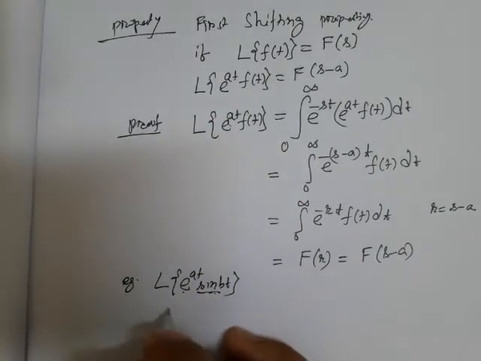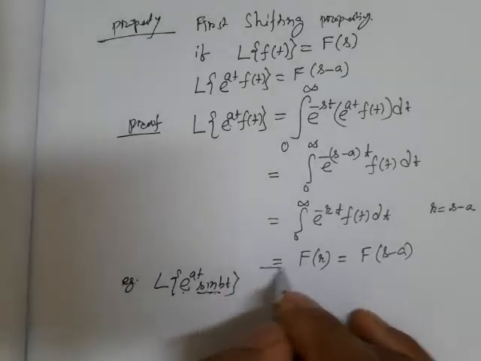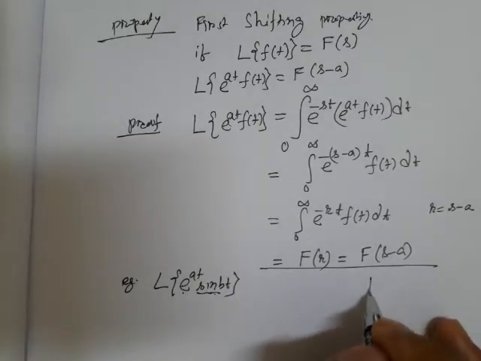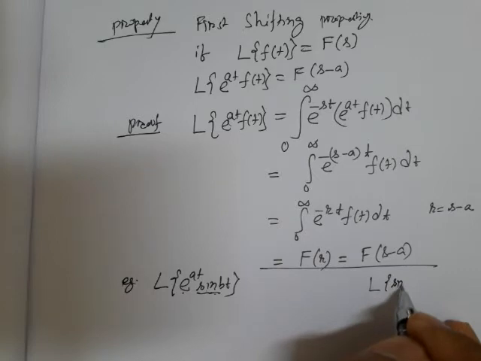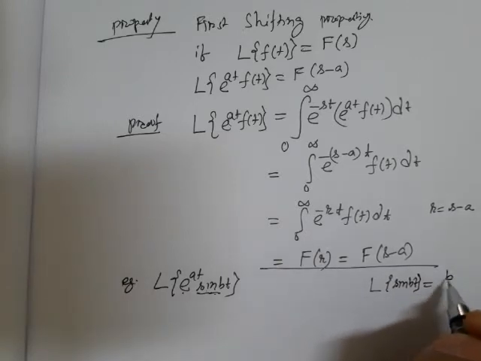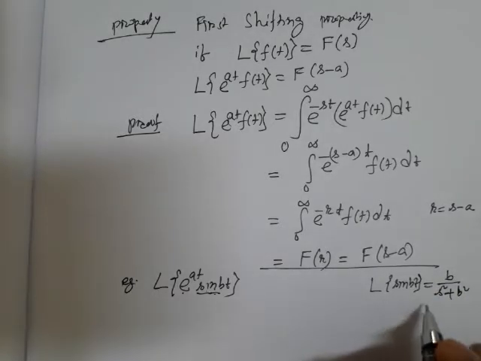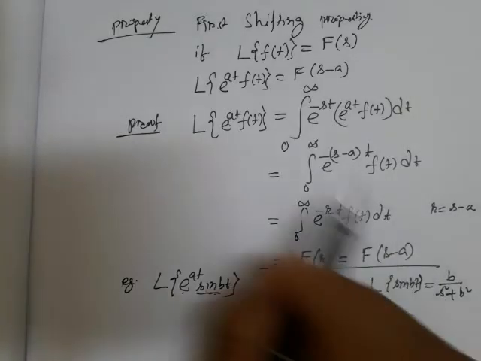To solve this, what is L of sin bt? You know, L of sin bt is b by s square plus b square. This is the formula for L of sin bt.